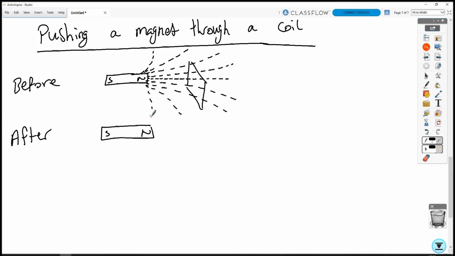And in the after scenario, I'm going to draw the same coil right up against that bar magnet this time. And then we'll just draw the field lines again. And we can see that much more flux now passes through the coil.